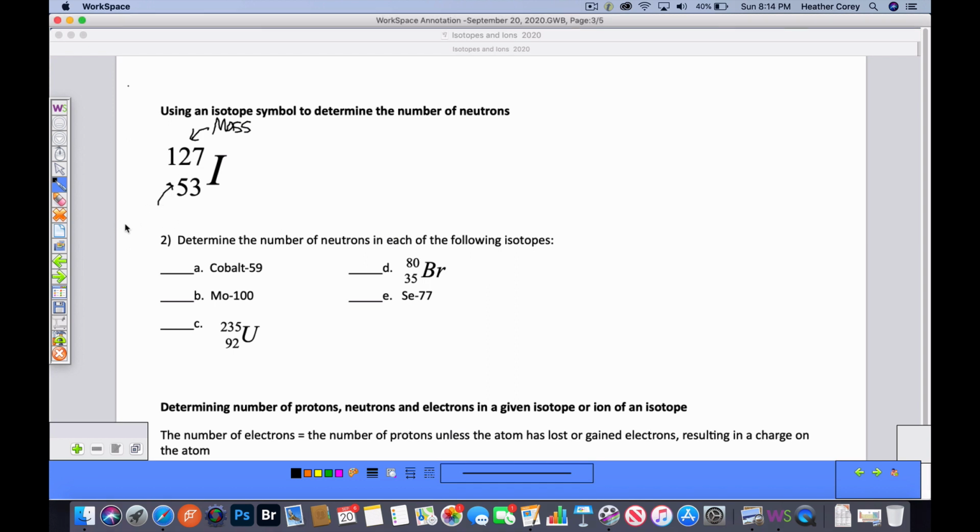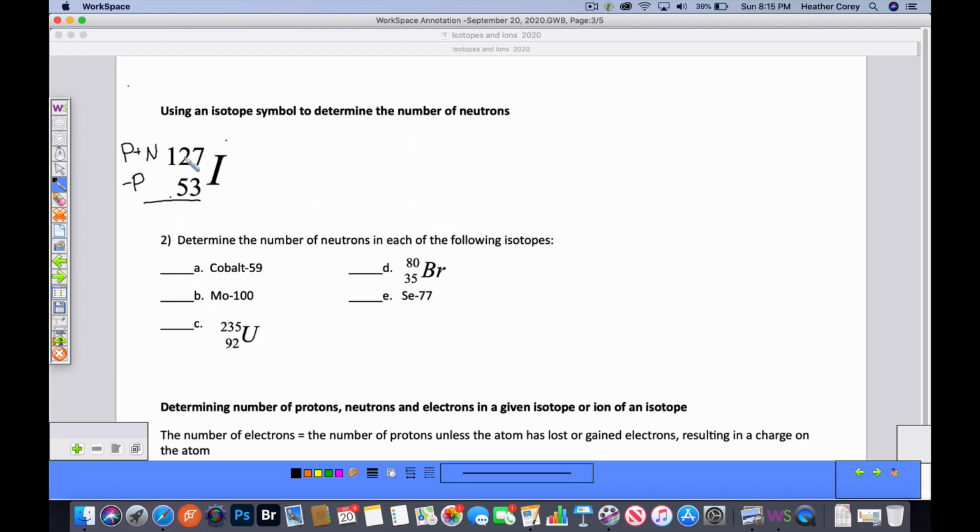The bottom number is the atomic number, which is equal to the number of protons. All right, so if I know the mass, and I know the mass equals, for an atom, the number of protons plus neutrons, and if I know the atomic number, which tells us the number of protons, I can take that mass number, the top number, and subtract the atomic number, and that will give me the number of neutrons.